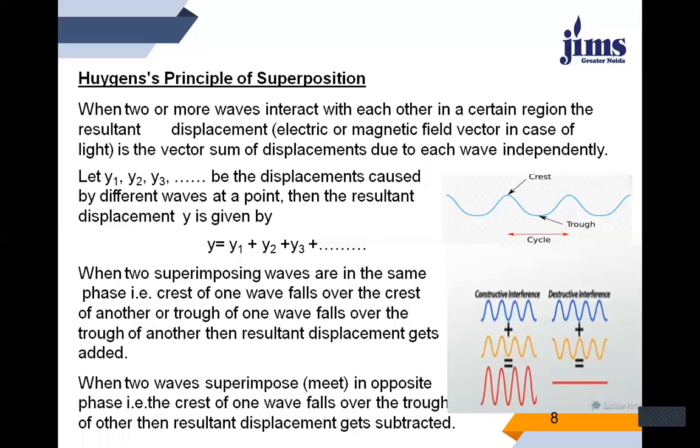The crest of the wave is superimposing on the trough of the wave, and the resultant displacement becomes zero. So this is the case of destructive interference.